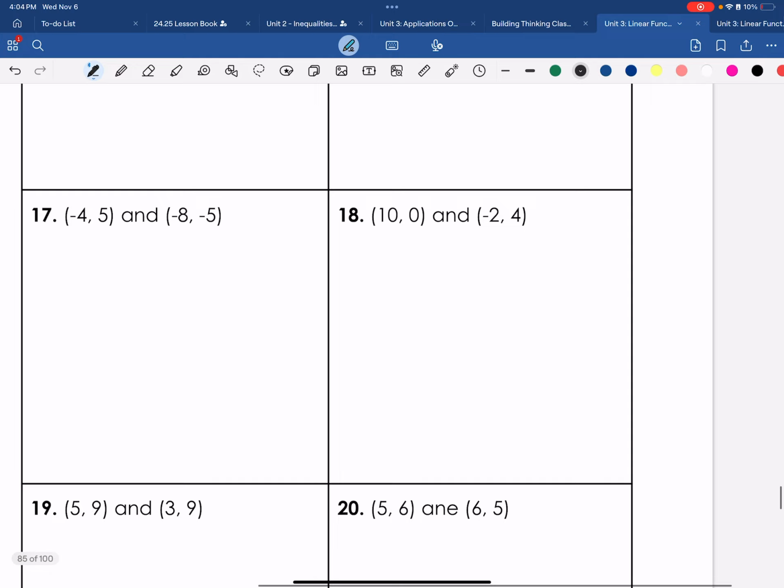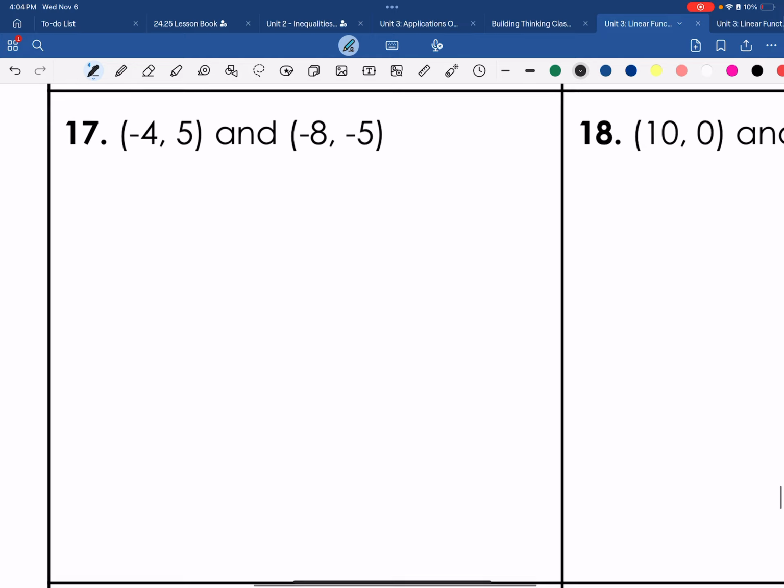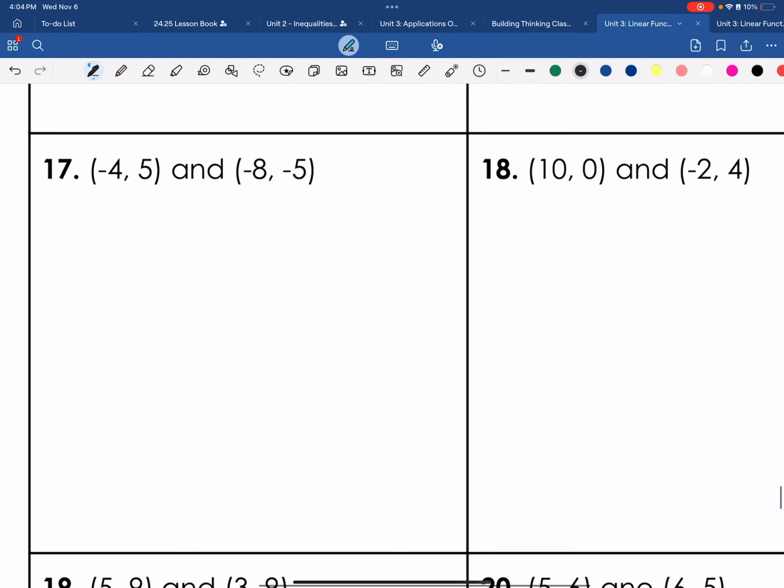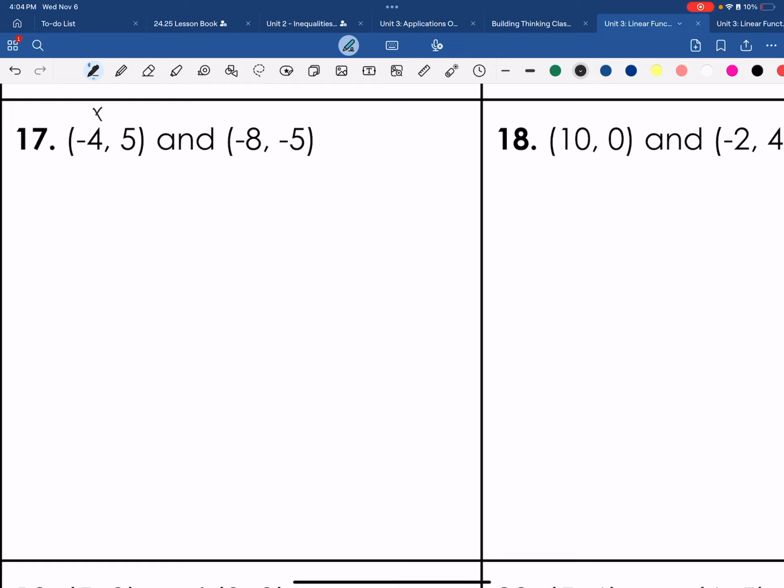All right, let's do 2 more together. Again, label your ordered pairs. M equals, I write it down, y2 minus y1 over x2 minus x1.